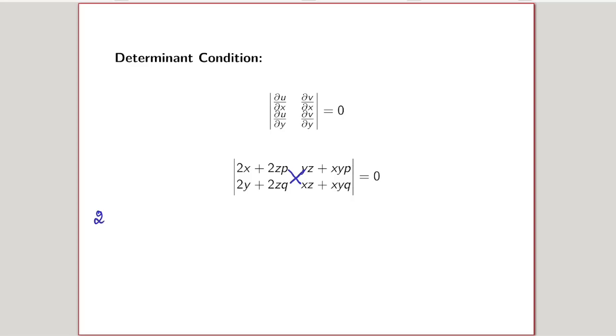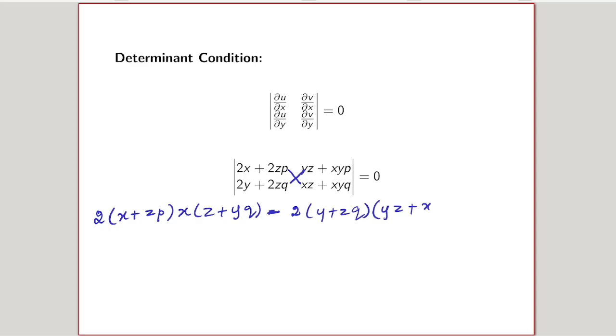So I will be writing, we can take 2 commonly outside, x plus zp into, so here we can take x outside, so it will be x into z plus yq.